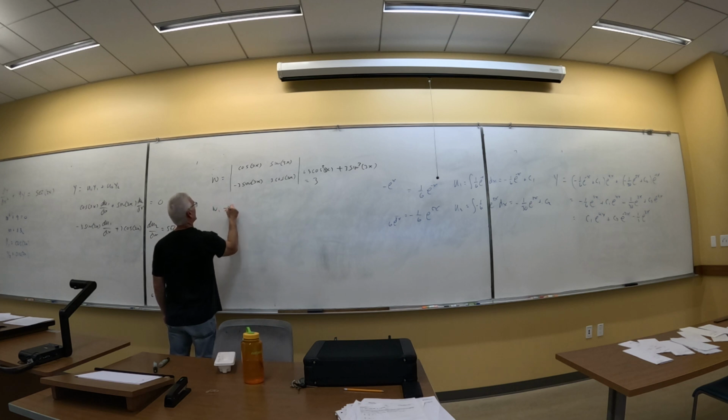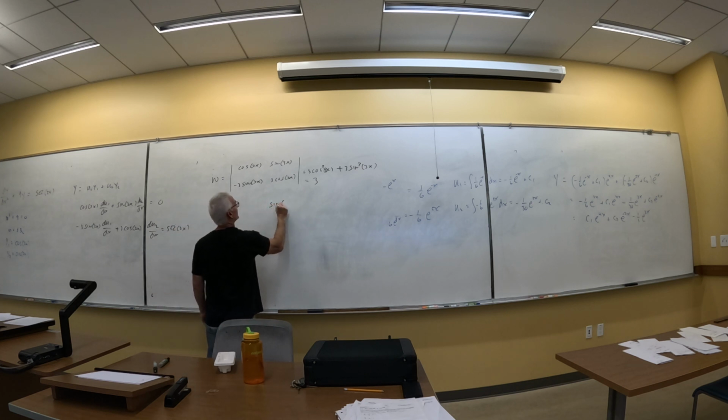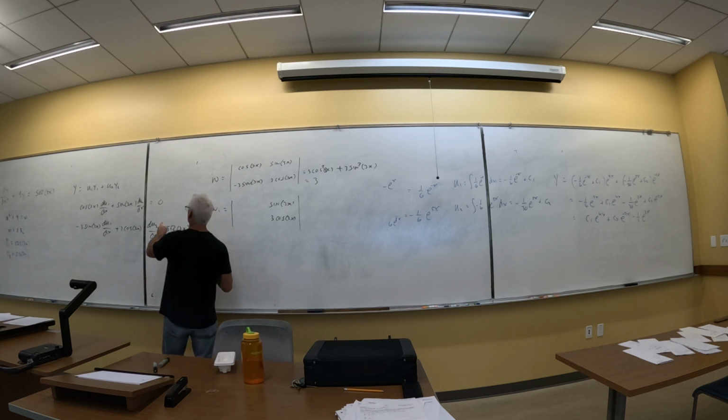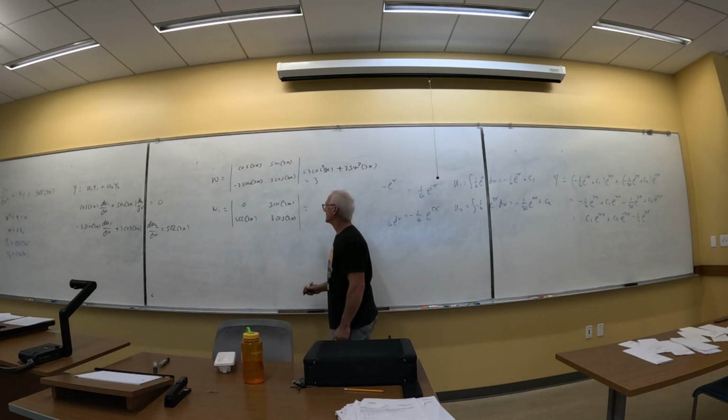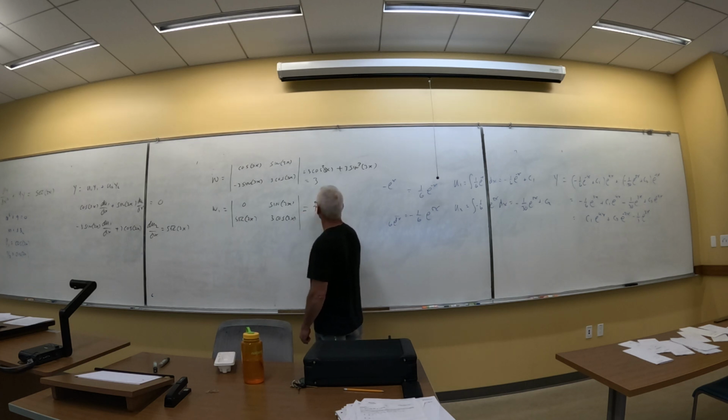Now, W1, we have this. What goes here? 0 minus. Oh gosh, what's sine times secant? Oh gosh, that's so tough.